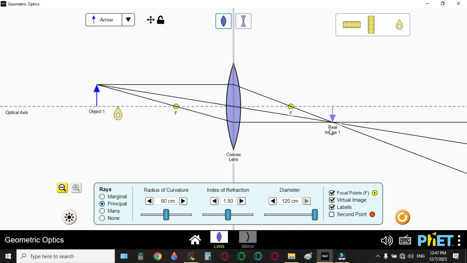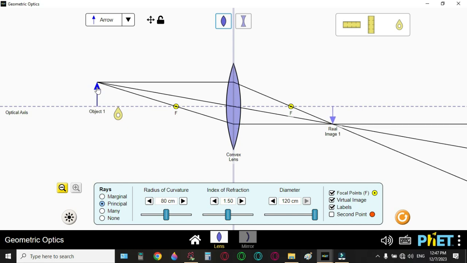Like for this example, we have the object located here. So these are the principal light rays. They pass through the lens, and as they pass through the lens, they bend. Okay, and then the principal rays intersect at a point, and then the image is formed right here on the other side of the lens.